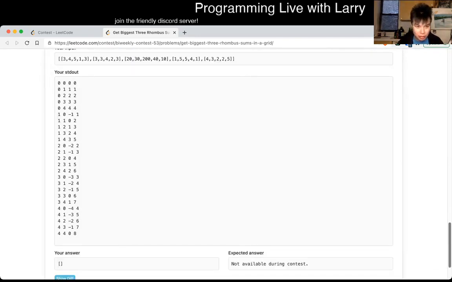Oh, 2 is equal to 1. See, there's no 2 rows in here.